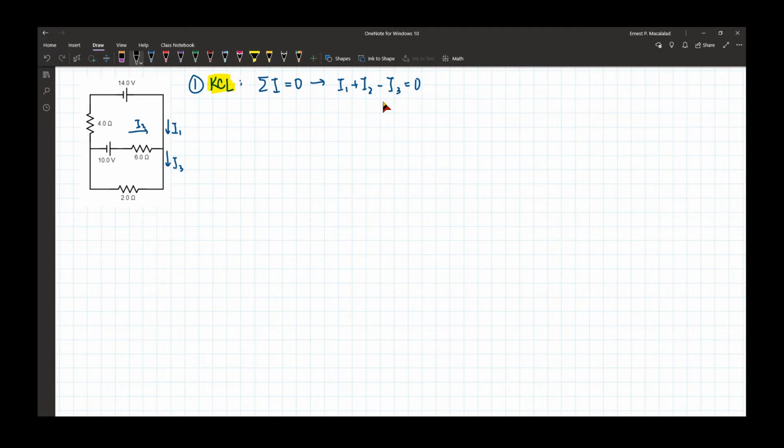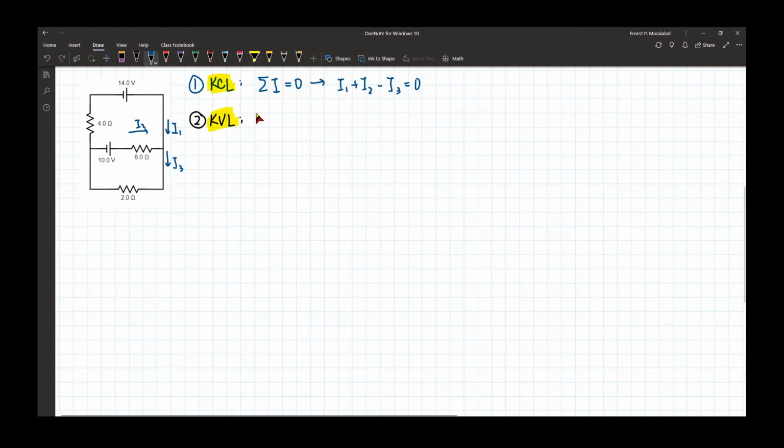So we need two more equations to be able to solve I1, I2, and I3. So where do we get those two other equations? We get those from KVL, or the voltage rule, which is based on conservation of energy. Energy.